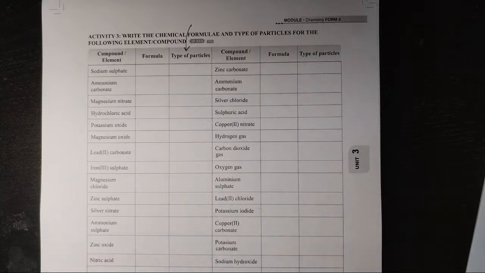Can you type in the checkbox? What should you write here for type of particles? Yes, whether it's ions, molecules, or atoms. Yes, very good, Jotun.